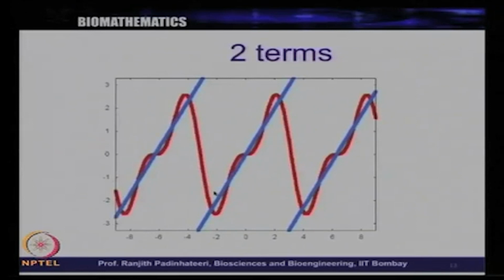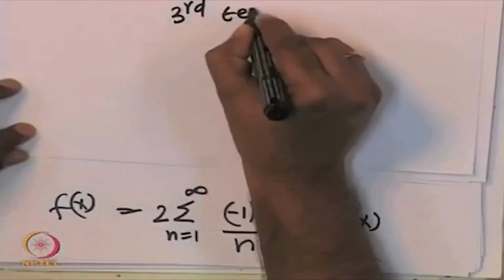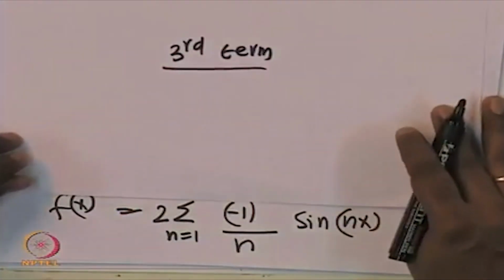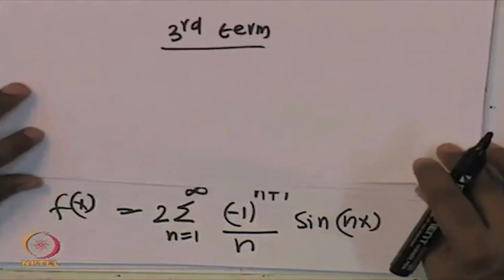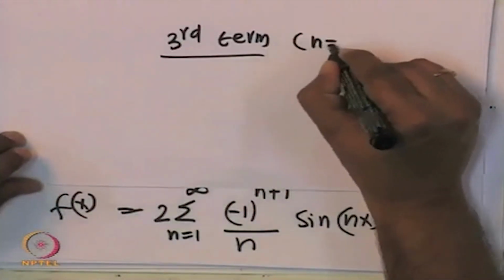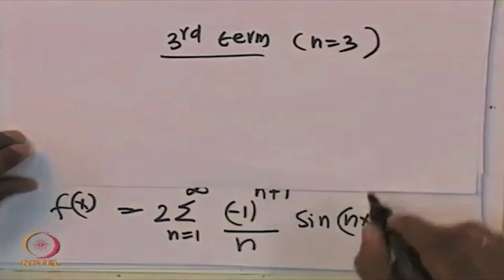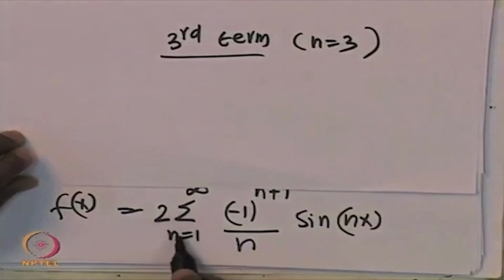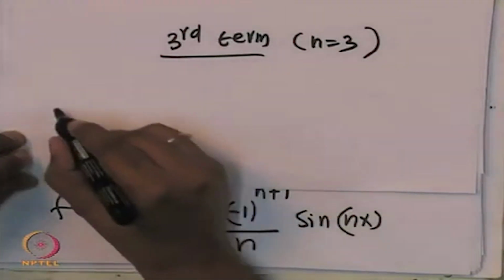Now, what is the third term? So, let us look at the third term. Third term means n equal to 3. So, if you take n equal to 3 here, what do you get?